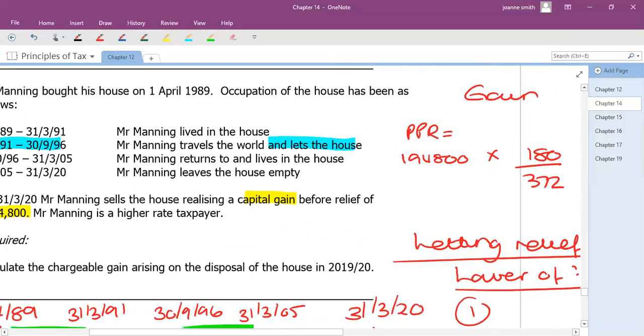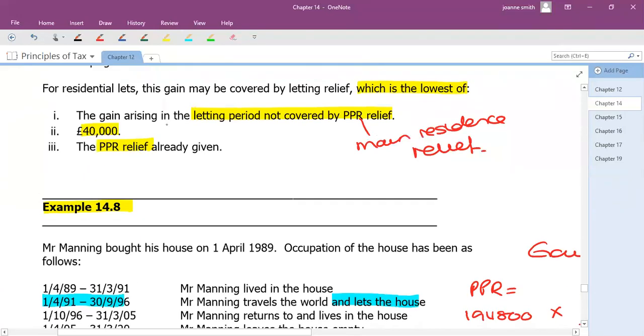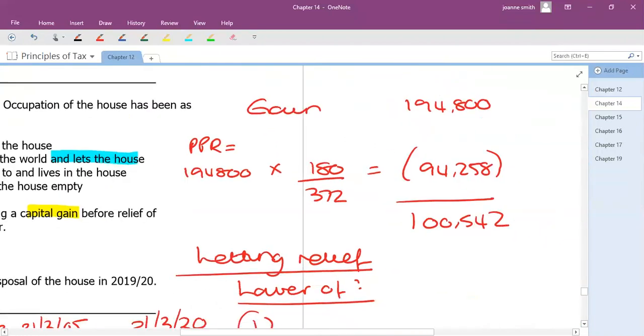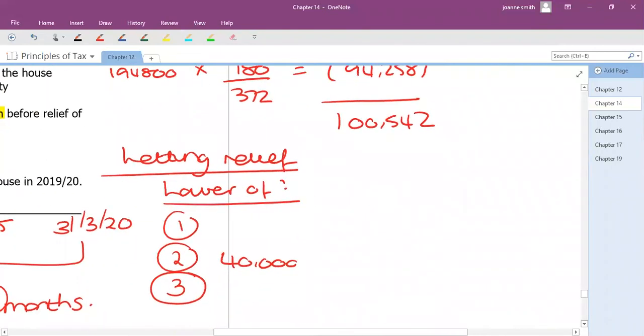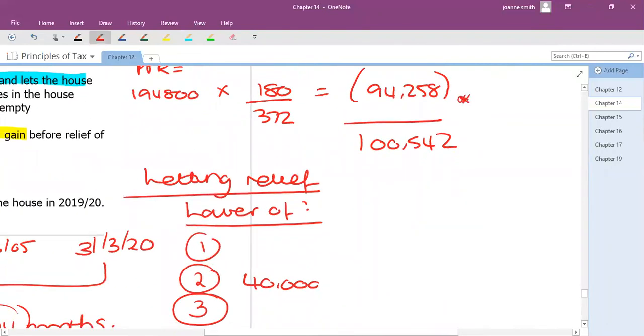Let's look at the other options then. So the gain for the letting period not covered by PPR relief. That's probably the hardest one to do, so we'll leave that to last. Number 3, the PPR relief already given, i.e. this, what we've already had. 94,258. Now we know it's not going to be that because the 40 is already lower.